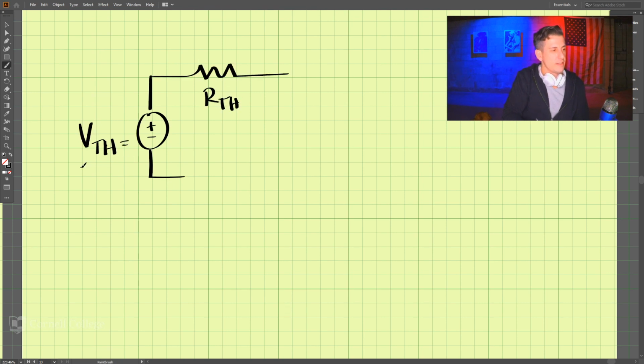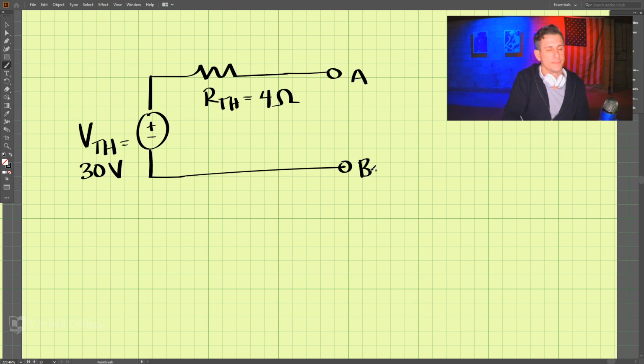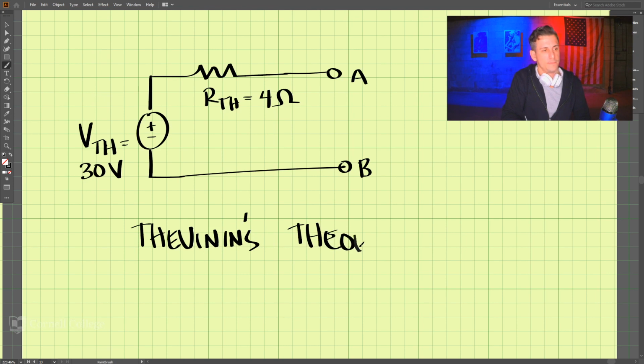And we said that this is equal to 30 volts, and this is equal to 4 ohms. And here we have our A and B. So these two are equivalent to each other. Okay, so this is called Thevenin's theorem.